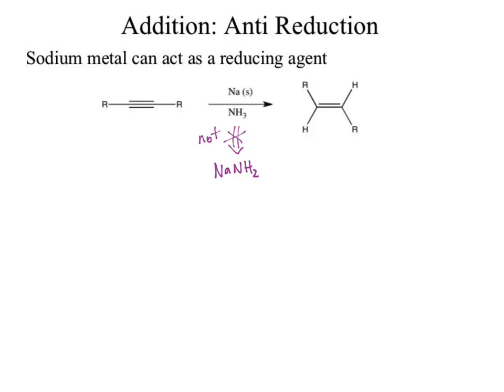If you think that's not that big a deal, how do you make sodium amide? By mixing sodium with ammonia. Just want to put that out there for the record. Different reagent, they do entirely different things.